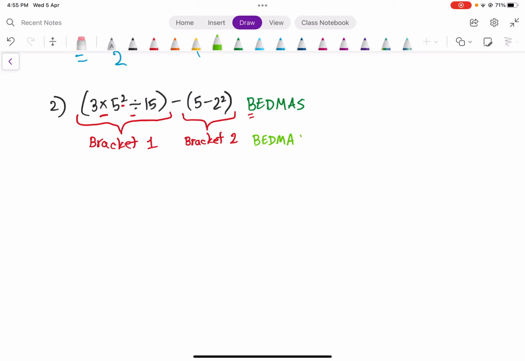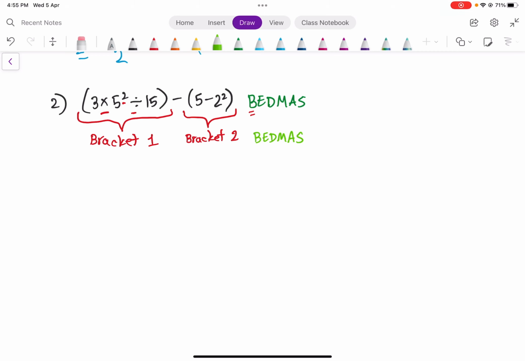In BEDMAS, first is the brackets, but inside of bracket 1 there are no brackets. So let's cross out the brackets. What's next? Our exponents. So do we have any exponents in bracket 1? Yes, we do. That is 5 squared. So let's write that down. 3 times 5 squared divided by 15 minus 5 minus 2 squared. So over here our exponent is 5 squared.